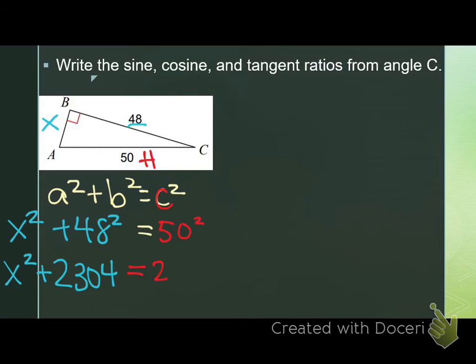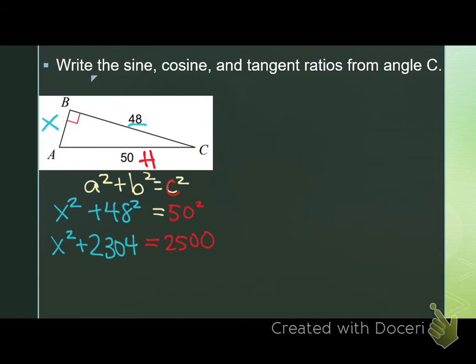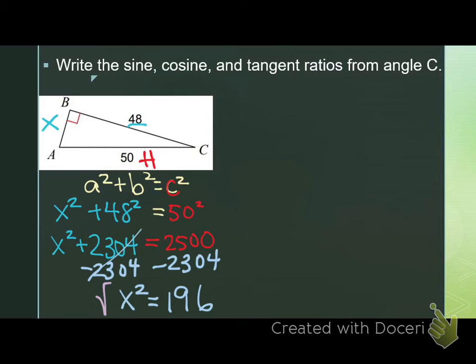And 50 squared is 2,500. That one's easy as 5 squared. We'll subtract. 2,500 minus 2,304. 196. This is a perfect square. The square root of 196 is 14.